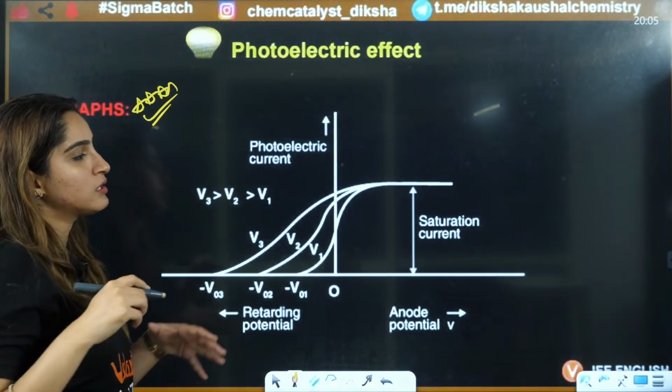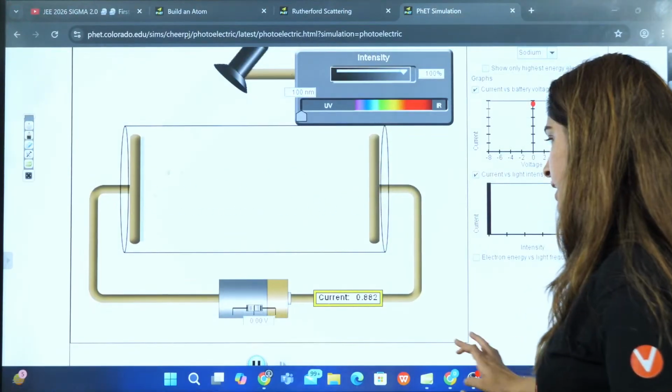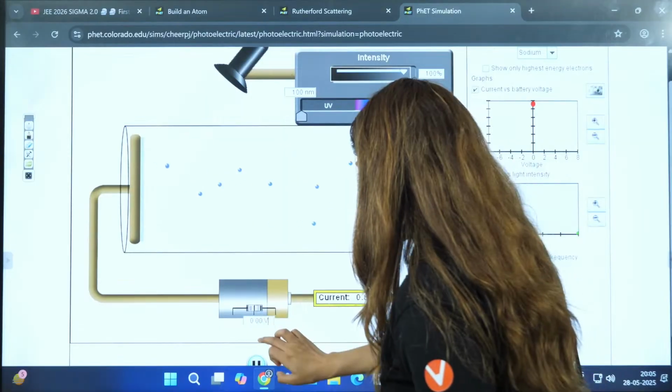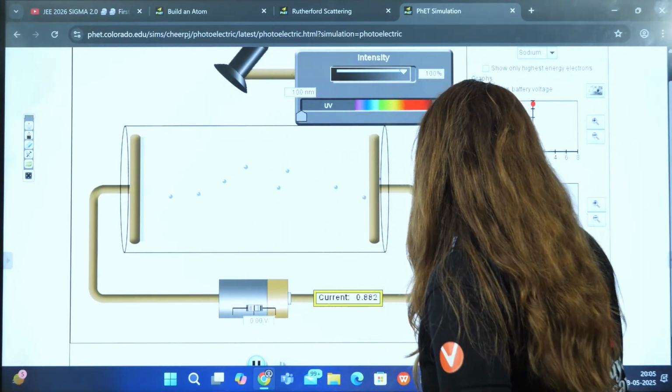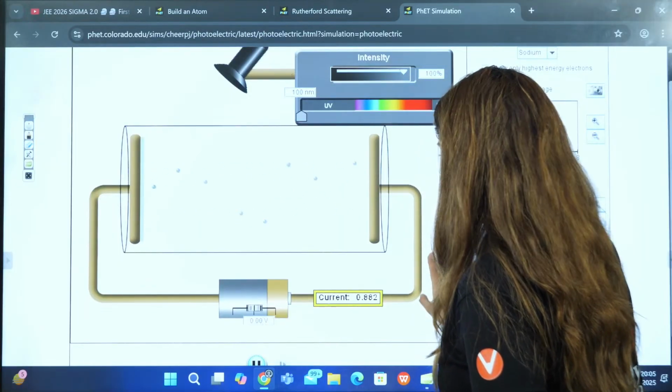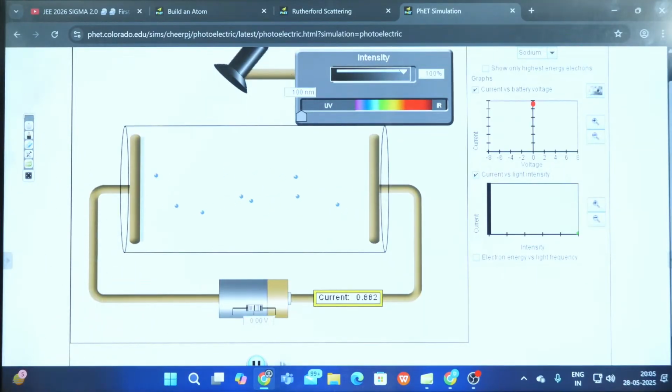Because you know, if you see this from this thing only, right? If you see this, I don't think so. There we can change the potential. Chalo, what I'll do, I'll make the potential negative, right? Let me see if I can do that.